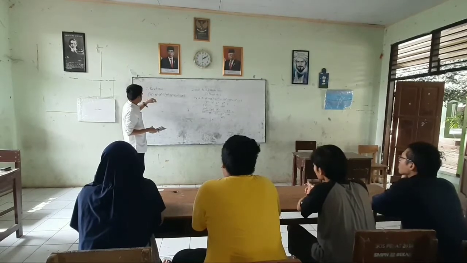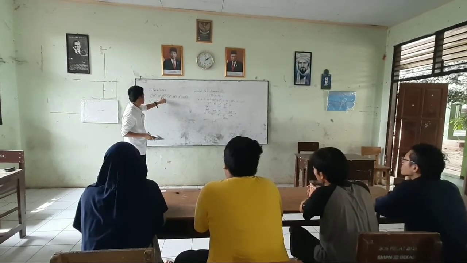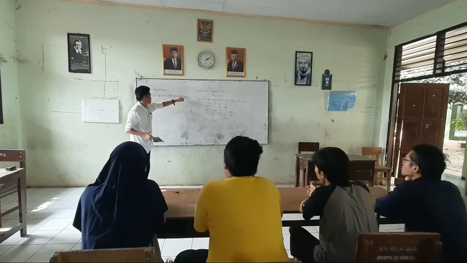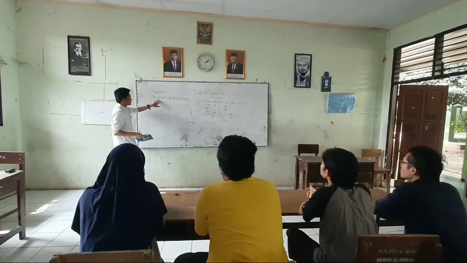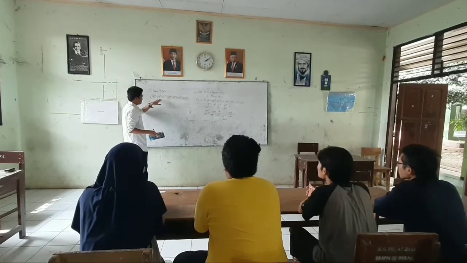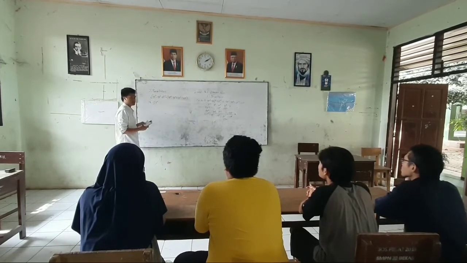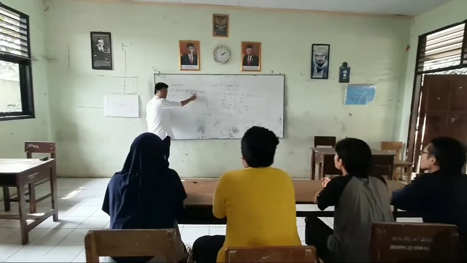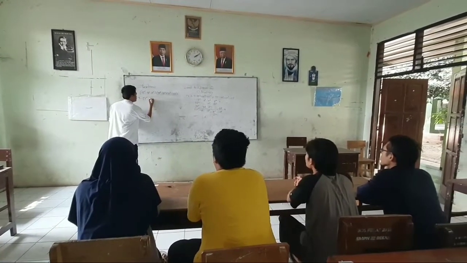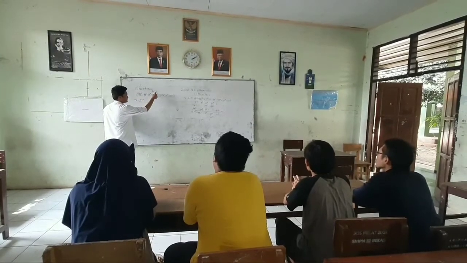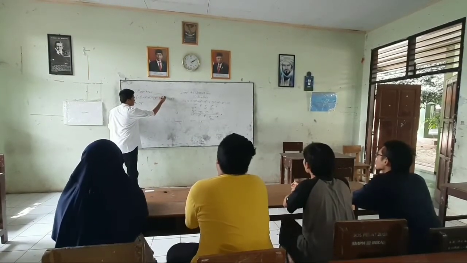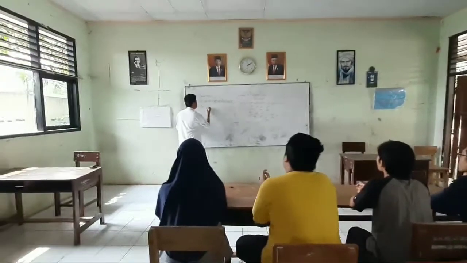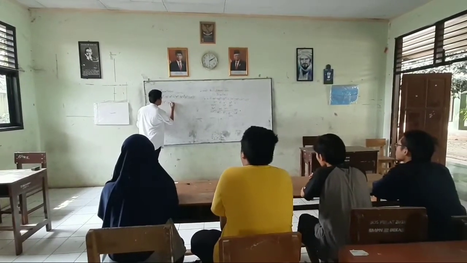The next one is minus 4p cubed, negative, plus 3p cubed. Minus 4, negative, minus 4, negative plus 3. The answer is going to be minus 4 minus 3, which is minus 7p cubed.